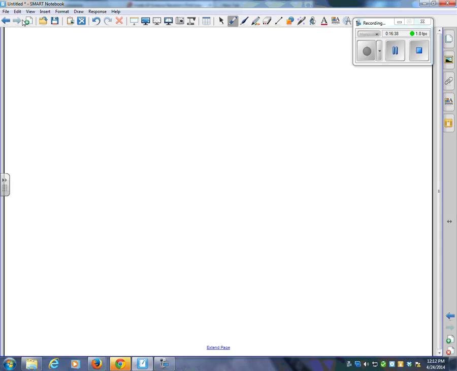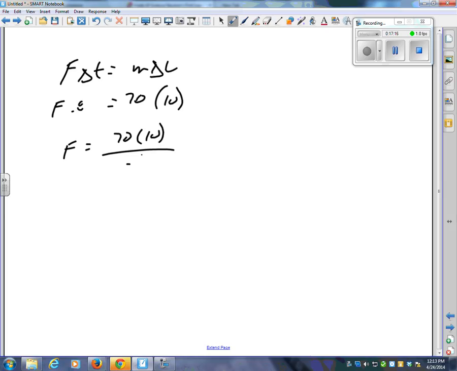Okay, so we're trying to find the force of impact, right? So F delta t is equal to m delta v. It's a parachutist, it's 70 kilograms. The change in velocity goes from 10 to 0, and the time it takes is 0.8, right? She's falling at 10 meters per second. When she lands on the ground, she's going to end up going 0, right? The force of the ground on her is going to stop her. So the force on her is 70 times 10 all over 0.8.